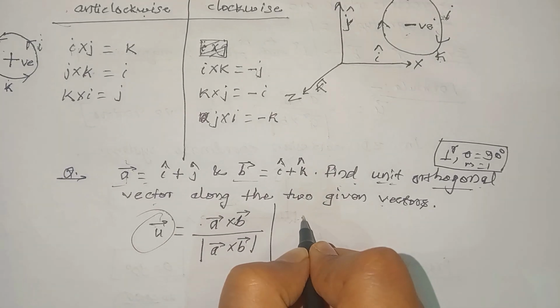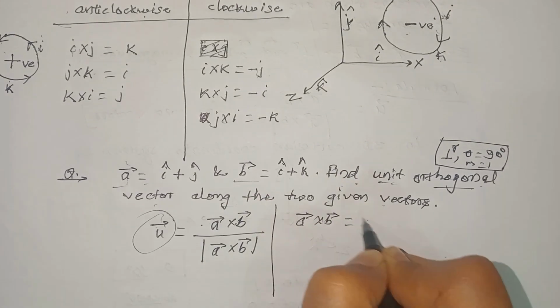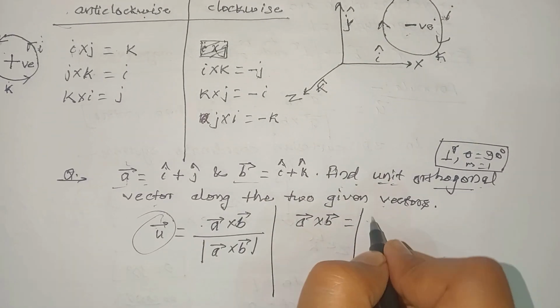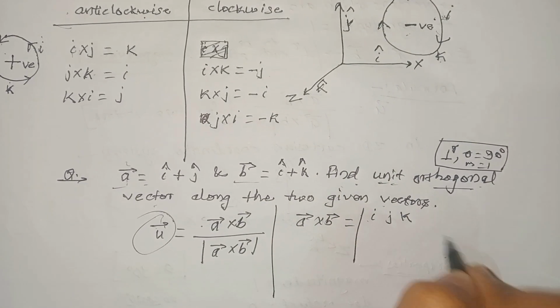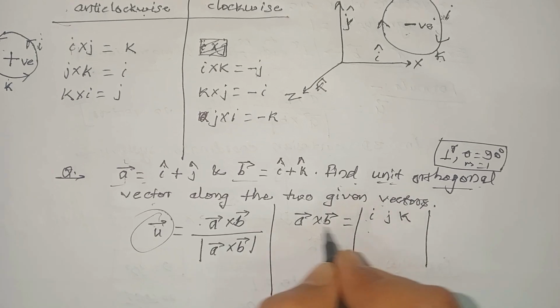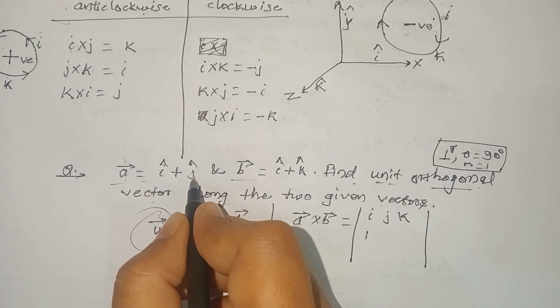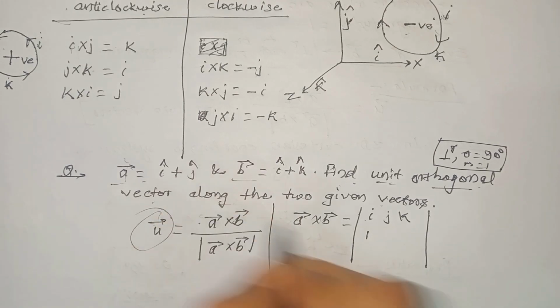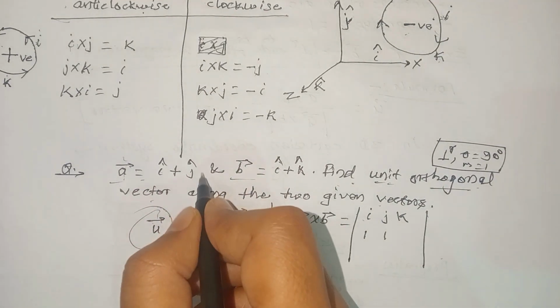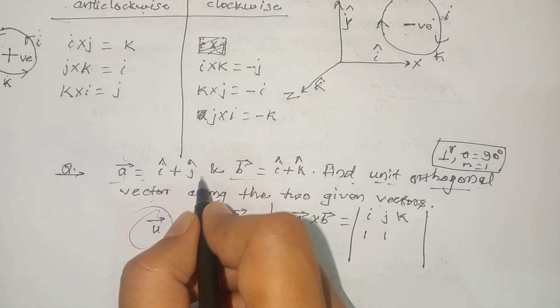For solving this, separately we will find vector a cross b, which equals the determinant form. We write i j k. This is simply mathematics. Along i it is 1, along j nothing is written, it means 1, along k it has no k term, so it is 0.